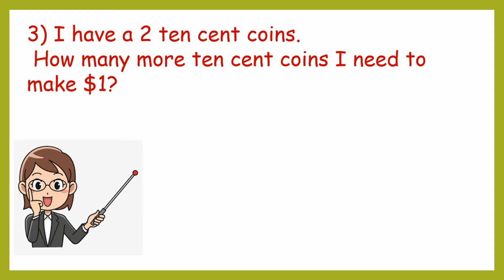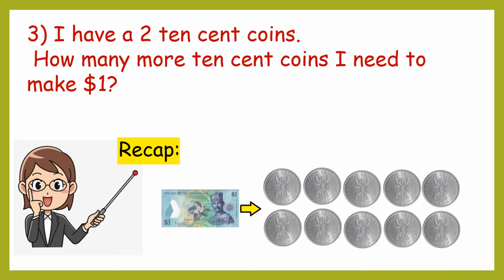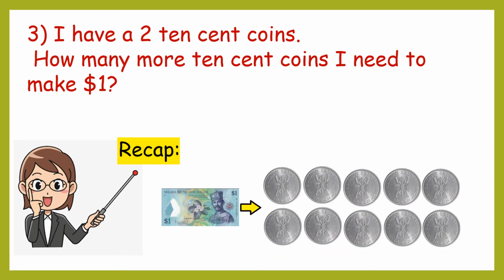Number 3. I have two 10-cent coins. How many more 10-cent coins I need to make $1? Now let's recap our lesson of exchanging money. $1 has 10 coins of 10 cents.